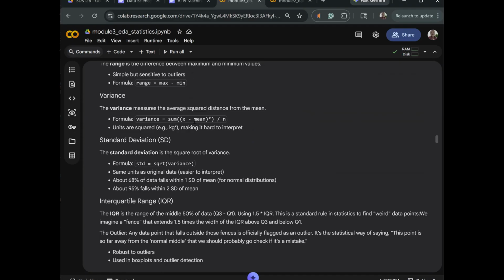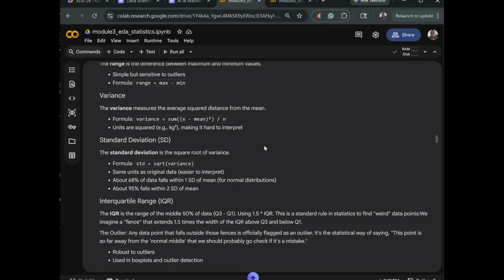So the unit, as you can see here, is squared. It's usually the sum of the entries, the numbers in our data set, minus the mean, then we square it, then divide by the total number of entries. So this is squared and it makes it difficult to interpret during analysis.